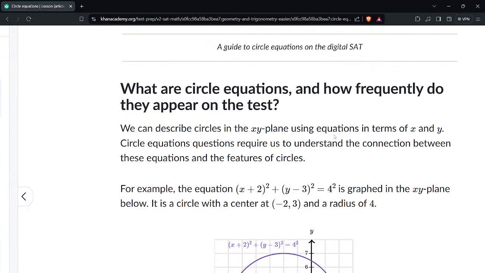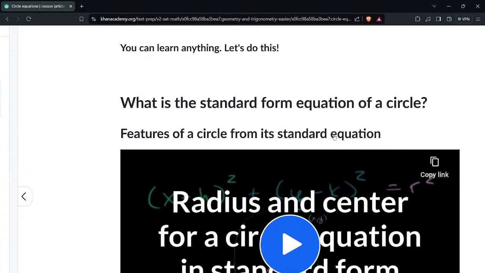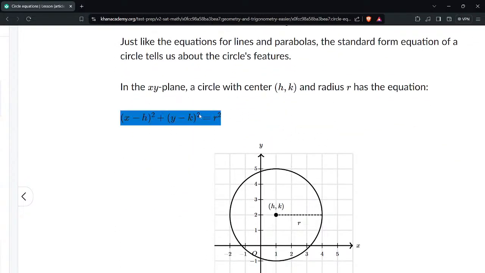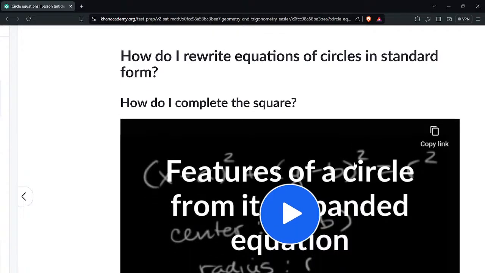Circle equations. Let's go. I know all of this. You got (x minus h) squared plus (y minus k) squared is equal to r squared. It's going to use the center, and then we have got the equation too, right?